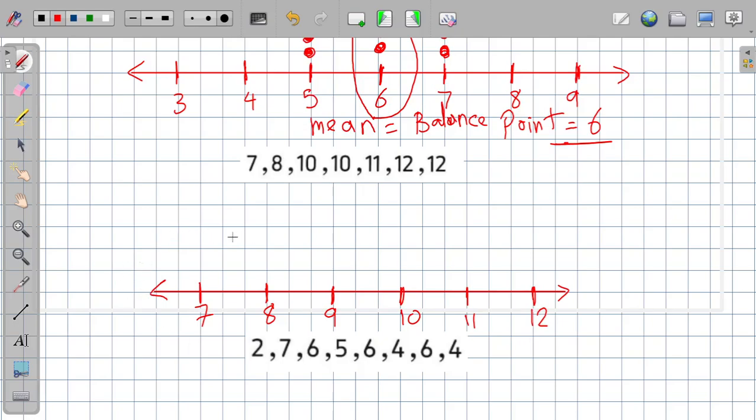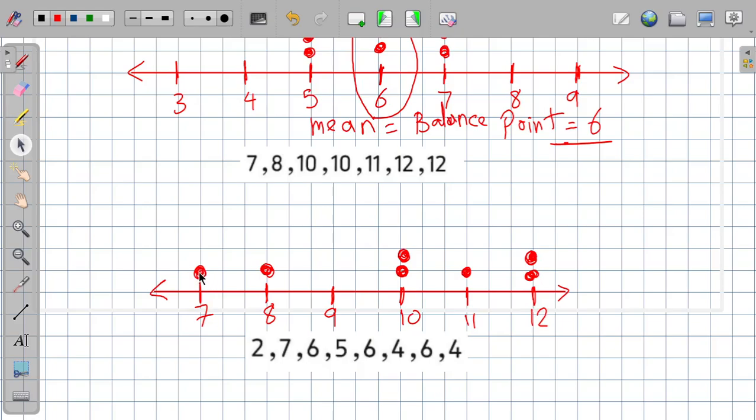So I have 1 point above 7, 1 point above 8, 2 points above 10, and 1 point above 11, 2 points above 12. Okay, so let's try to move the points or the dots.